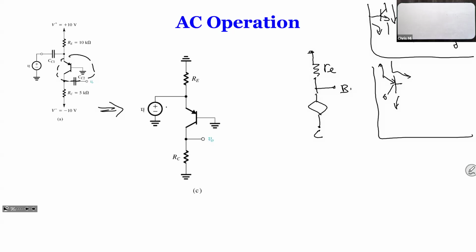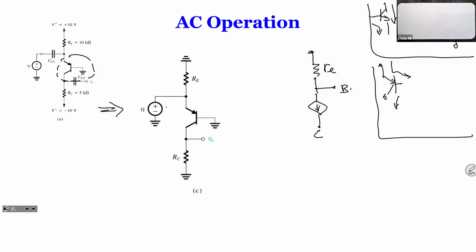So in that case, you can still draw a current source like this. Or in the book, it's just up, which again, this is AC, so it really doesn't matter very much as long as you know what you're doing.